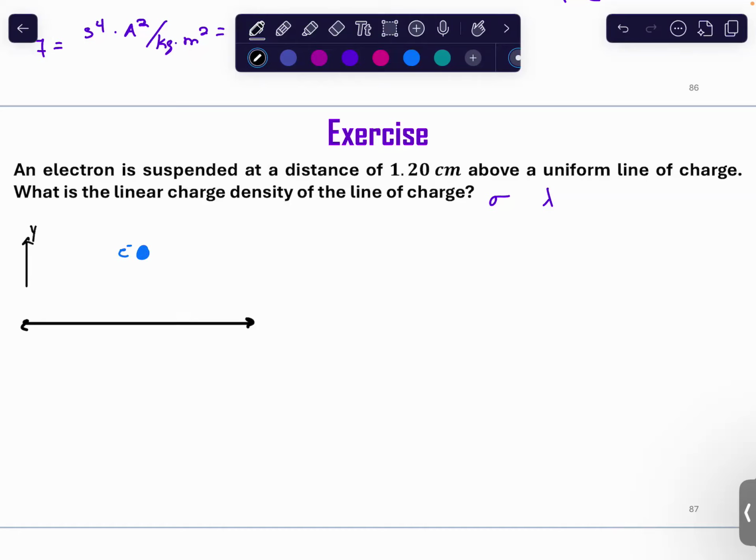Mark positive Y. Now, question. If you're drawing the free body diagram, what forces are on the electron? So if it's levitating, it's repelling that way. What else?